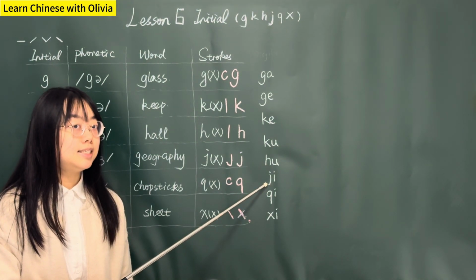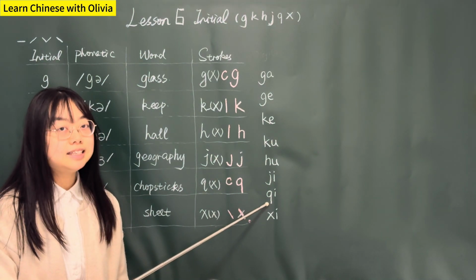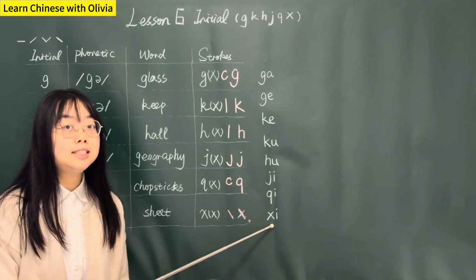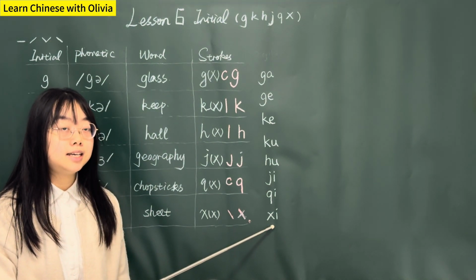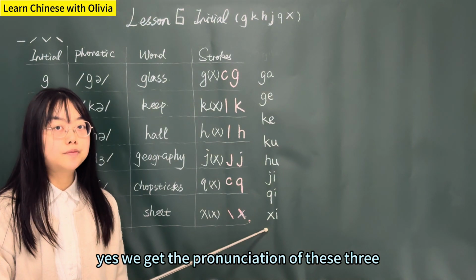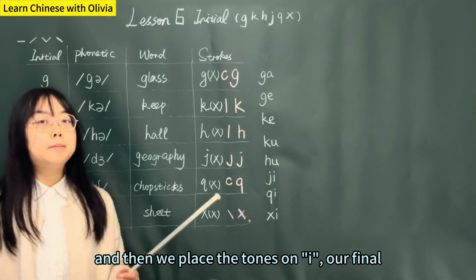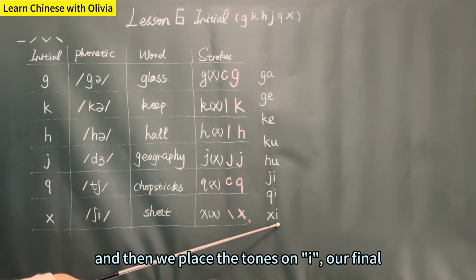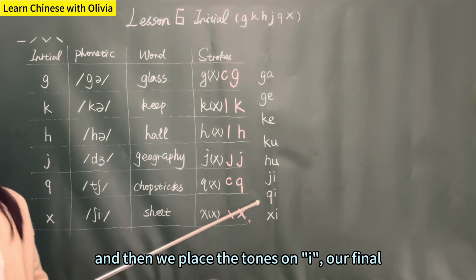G, G, G, chi, chi, chi, she. Yes, we get the pronunciation of these three, and then we place the tones on the final.